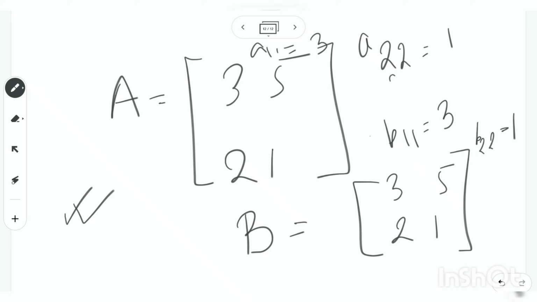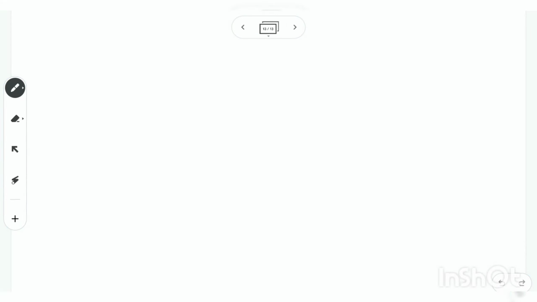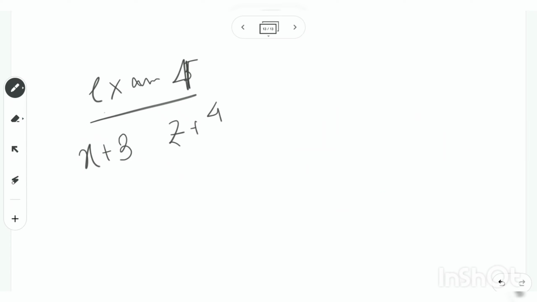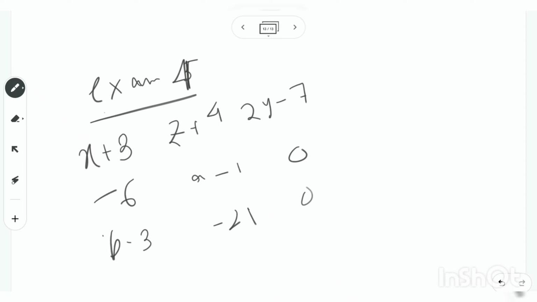Okay, so then in your book there is example 4. Find the values of a, b, c, x, y and z. Let us do this example in your book, named example 4. Let us take the matrices: x plus 3, z plus 4, 2y minus 7, then minus 6, a minus 1, 0, and b minus 3, minus 21 and 0.